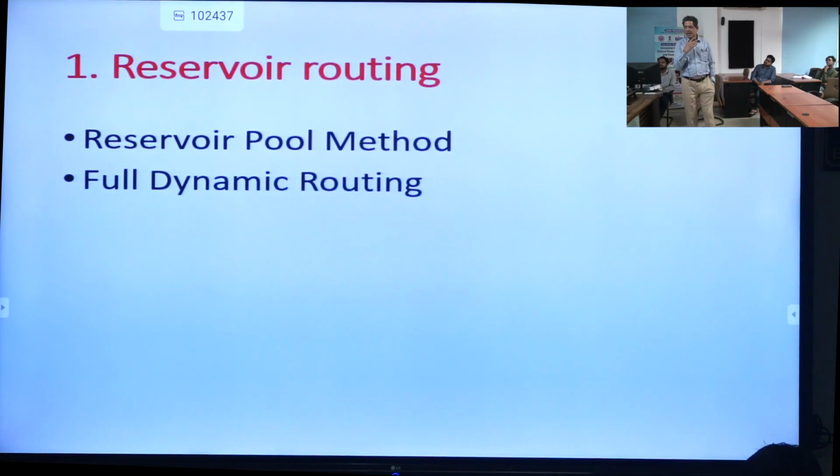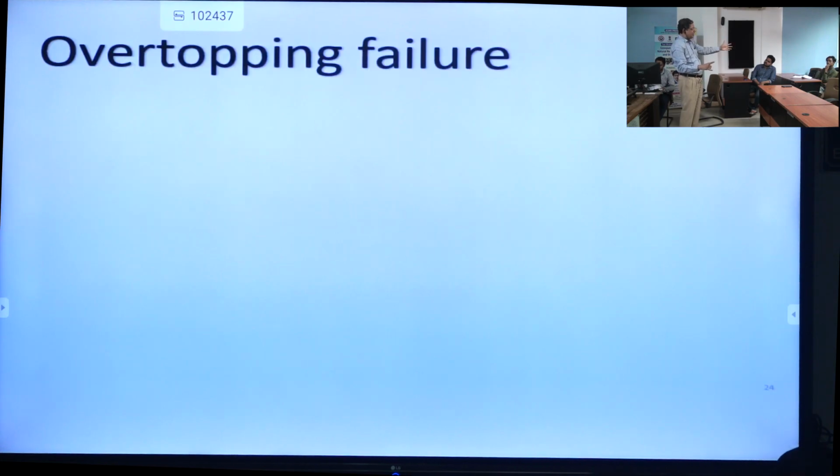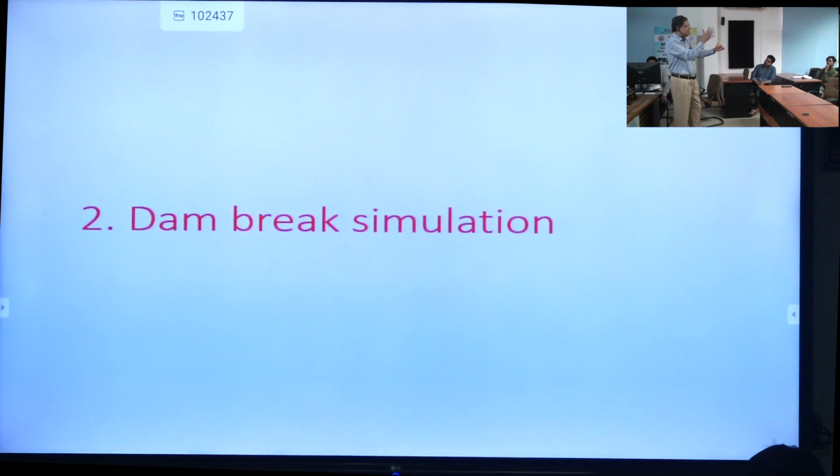Using those principles, we don't go into details of hydrodynamics and we do a flood routing, called the hydrologic way of doing flood routing for reservoirs. Also, another option is to use the full dynamic routing method, which I have written here as an independent equation. Next.